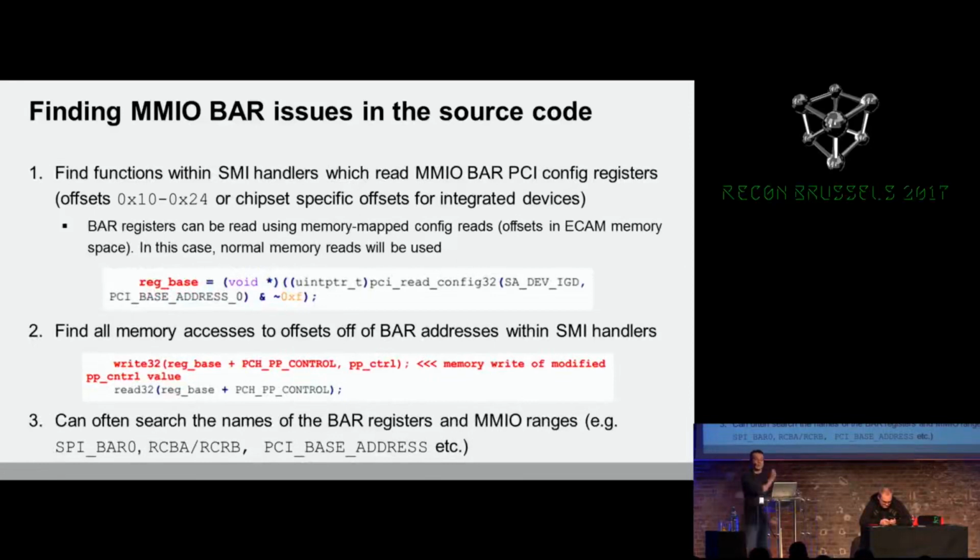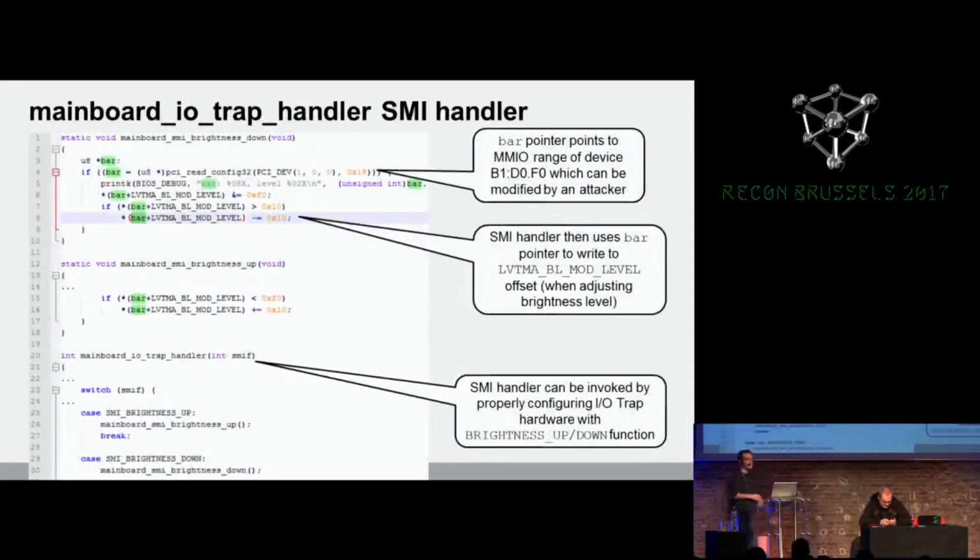So you can look up the bar register names and essentially just grab all the source code by the names. So that's a particular example in mainboard I/O trap handler, SMI handler in Coreboot.